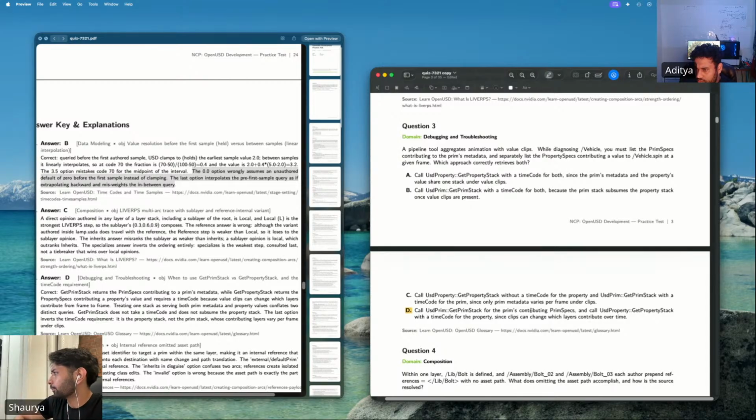For the prims, contributing prim specs. Then UsdProperty GetPropertyStack.